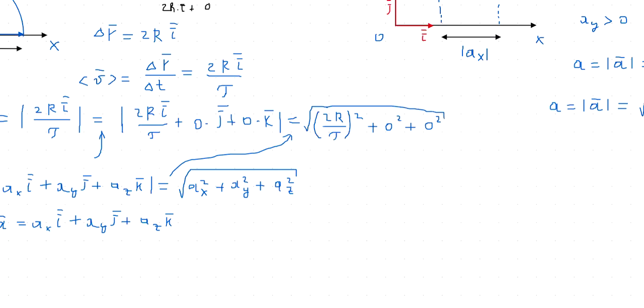Yes, and from here we have obtained that this will be equal to the modulus of 2r divided by tau, but radius and time are positive values, so we can leave this without any change.